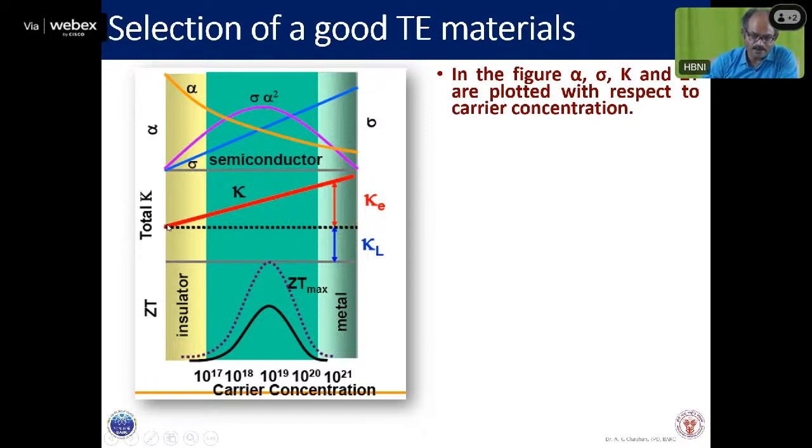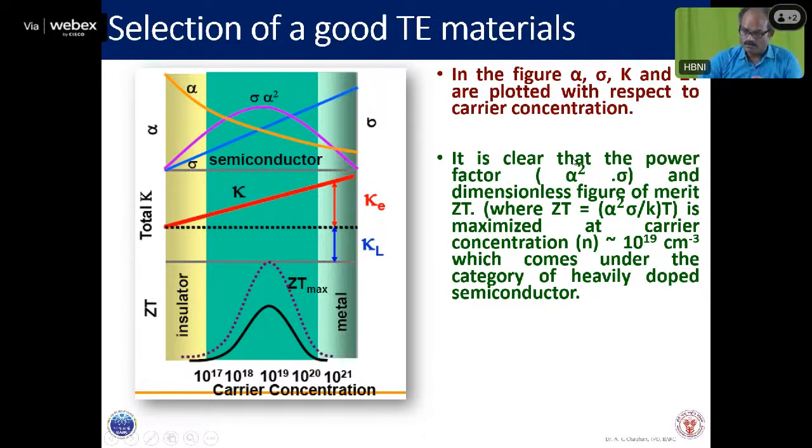And as the number of carriers increases, what will happen? The electronic part will also increase because that is proportional to the carrier concentration. So now you add both these and you will get a curve which is approximately this.